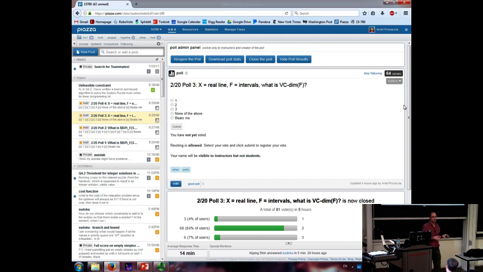If I understand your question correctly, in the case of the function class being intervals, it's sort of obvious that if you take any 3 points, there's nothing special about the argument that we use to say that it can't be shattered. But in general, for other function classes, you will have to be more specific. The different examples have different characteristics.